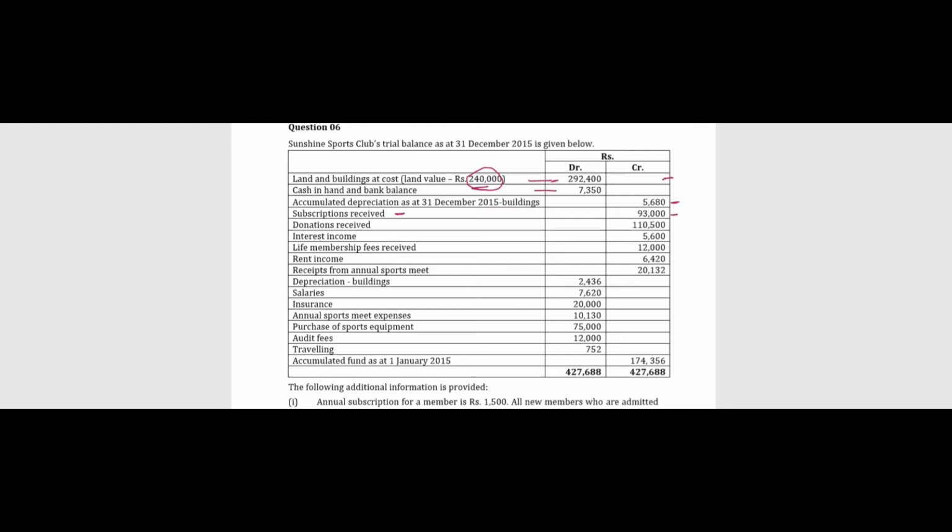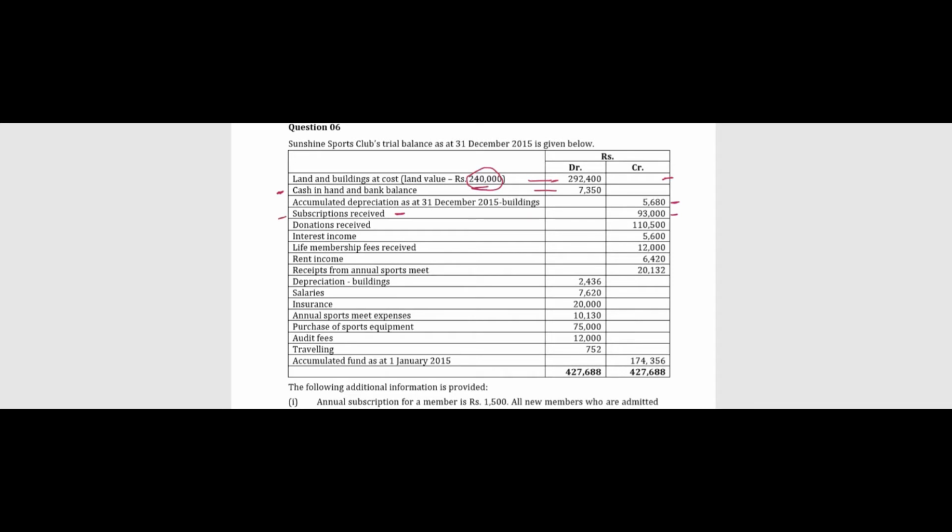Their main sources of income will be members' subscriptions and membership fees. So they have received 93,000 for the year ended 31st December 2015.